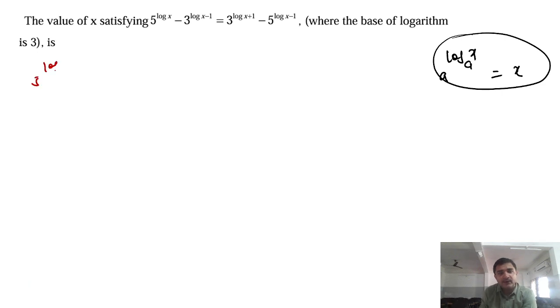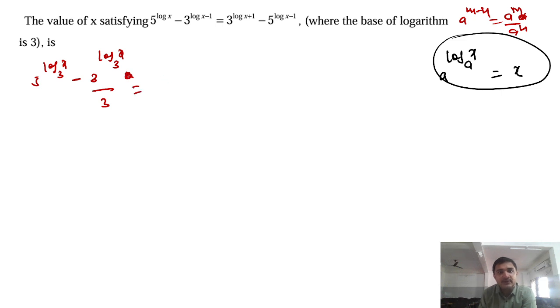So 5 power log x base 3 minus 3 power log x base 3 into 3 power minus 1. A power m minus n can be written as a power m by a power n, or a power m into a power minus n, the same thing. So we can write divided by 3 power 1, so directly I am writing it as divided by 3.